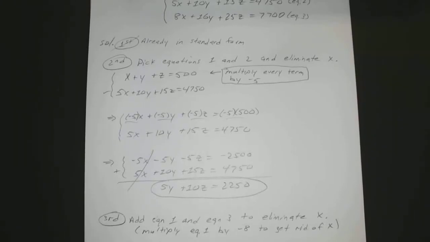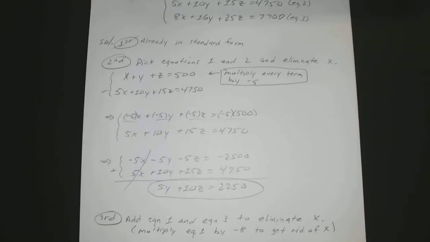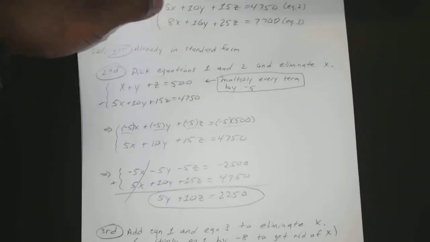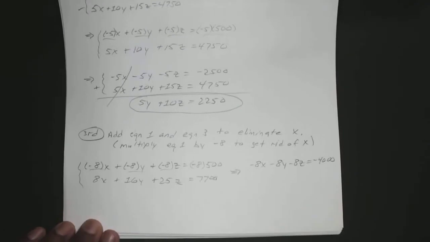Okay. So now if we simplify that, -8x minus 8y minus 8z equals -4,000. You're off the screen. Oh, thank you. There you go. Move that up some.